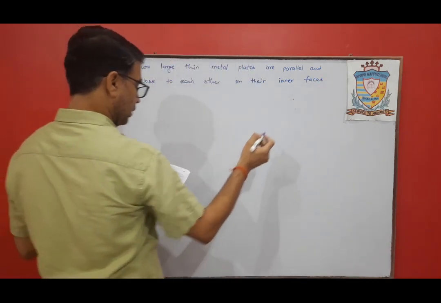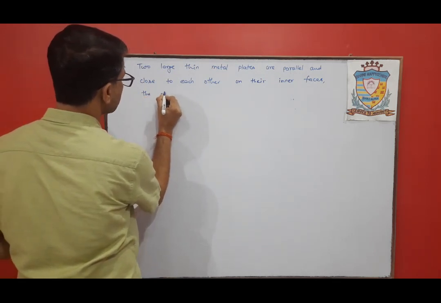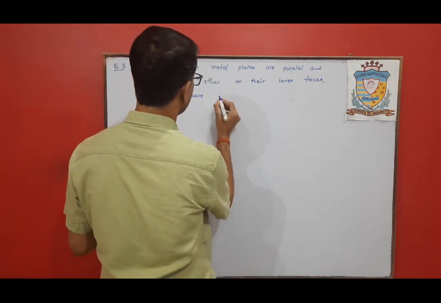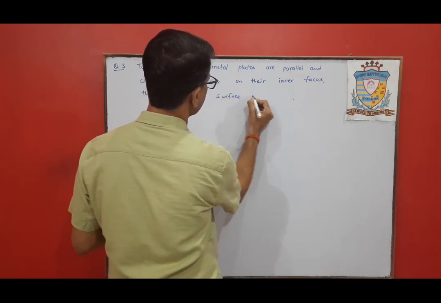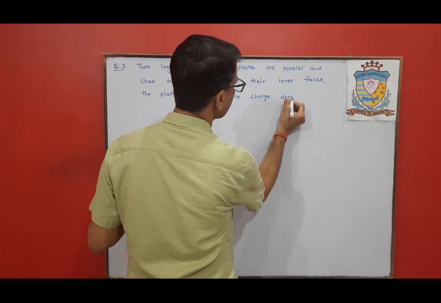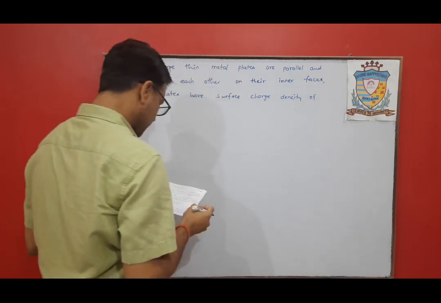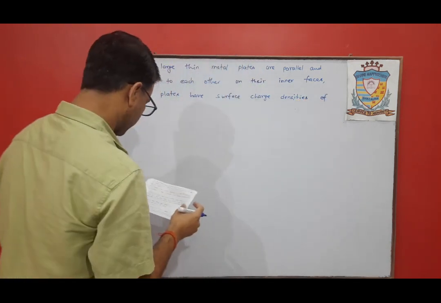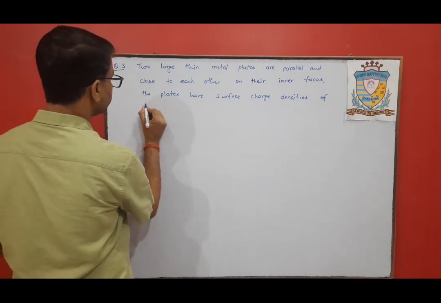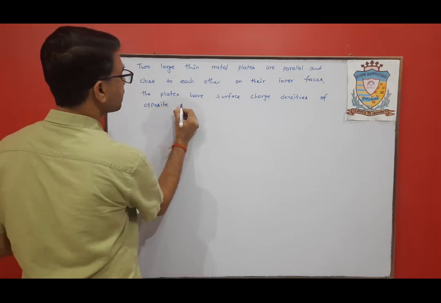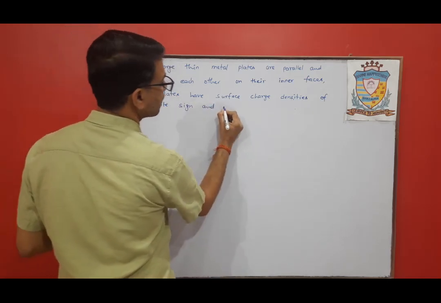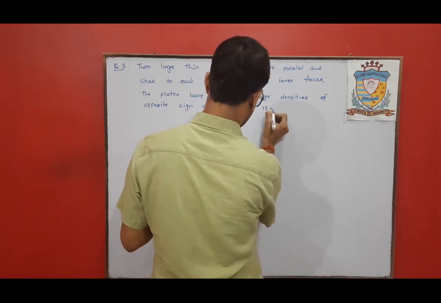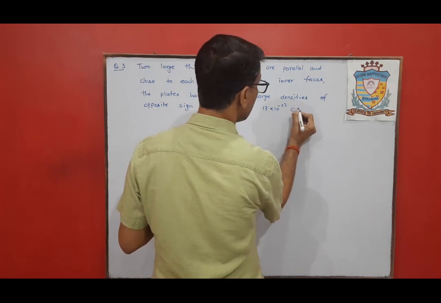On their inner faces, the plates have surface charge density of opposite sign and magnitude 17 into 10 to the power minus 22 coulomb per meter square.